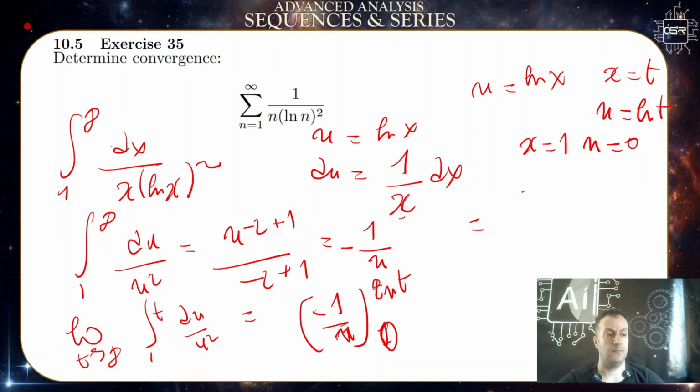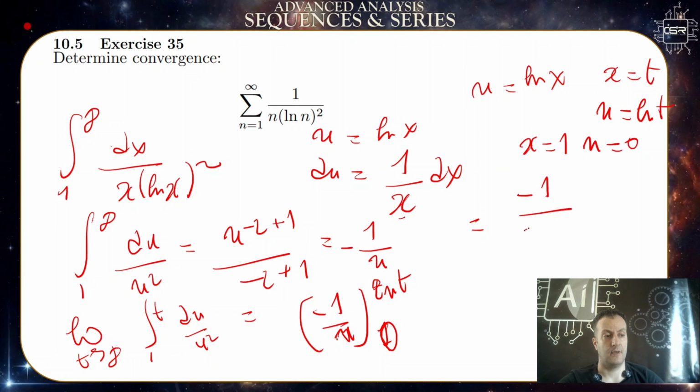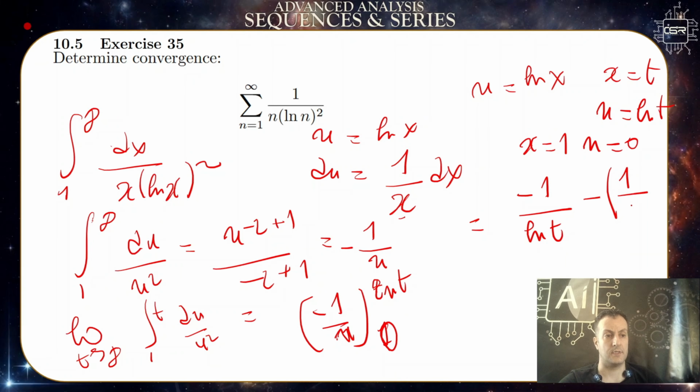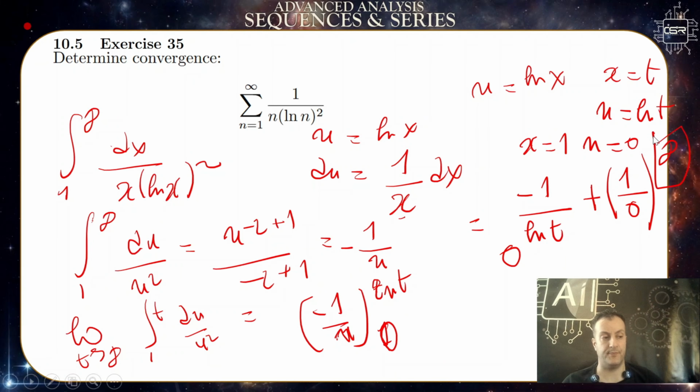So it is equal to minus 1 over ln t minus minus 1 over 0, which is plus 1 over 0. 1 over 0 blows up to infinity. Minus 1 over ln t, as t approaches infinity, this becomes 0. So it is supposed to be divergent.